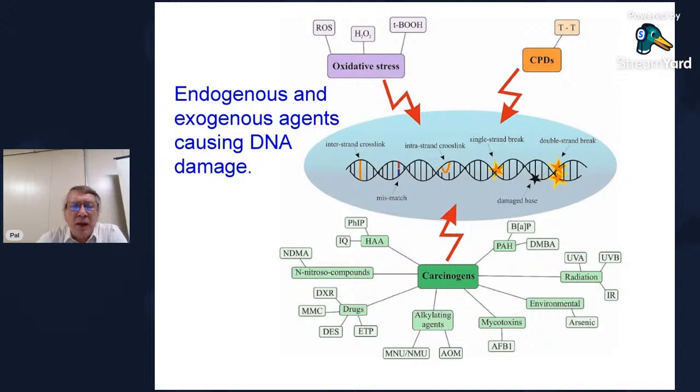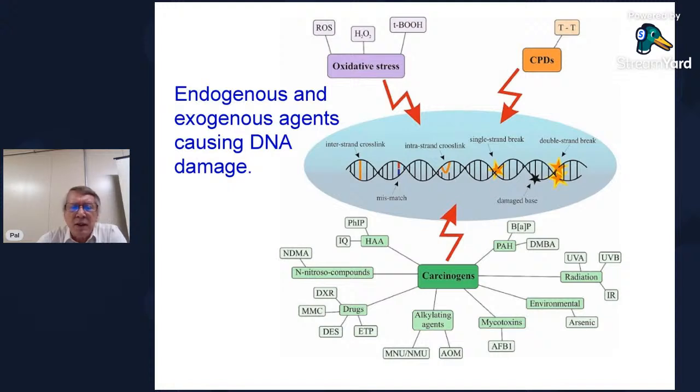One of the most commonly known or most frequently mentioned states is the so-called oxidative stress, in which the redox equilibrium of the cell is destroyed, and as a result, several reactive oxygen and reactive nitrogen species are formed, which can directly threaten the different parts of the DNA.